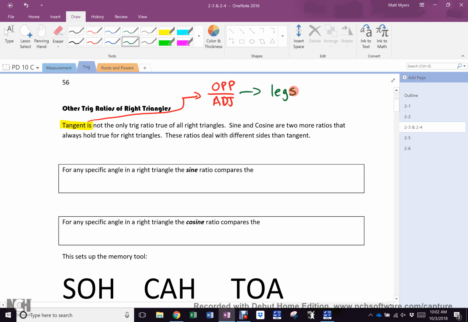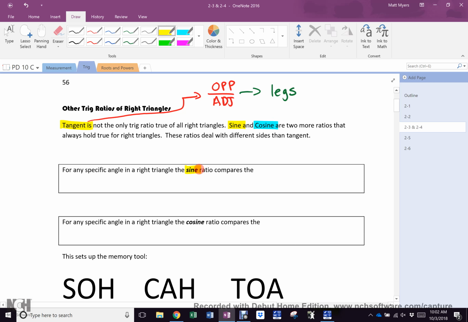But there's a third side to the triangle. And the third side is the hypotenuse. And the hypotenuse gets two trig ratios. It gets sine and it gets cosine. And we are going to be dealing with them right now.